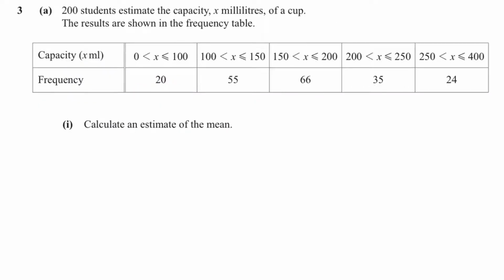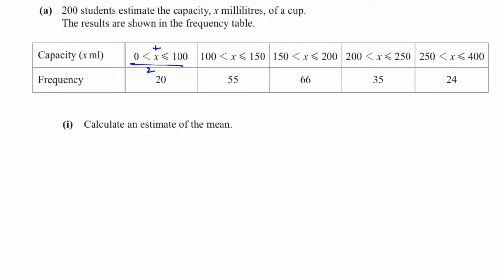Question number 3. 200 students estimate the capacity X milliliters of a cup. The results are shown in the frequency table. Calculate an estimate of the mean. To find the mean, if the data is represented in a table like this, we have to find the midpoint of the class width or the interval. To do that, we add the two numbers, so 0 plus 100 and then divided by 2.